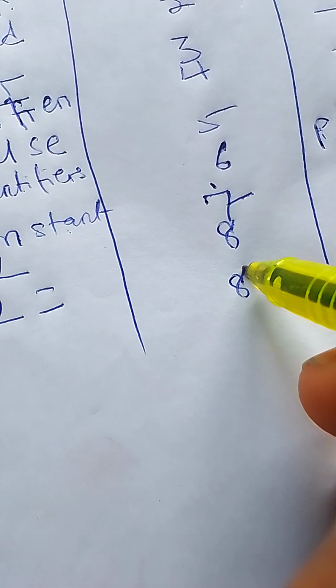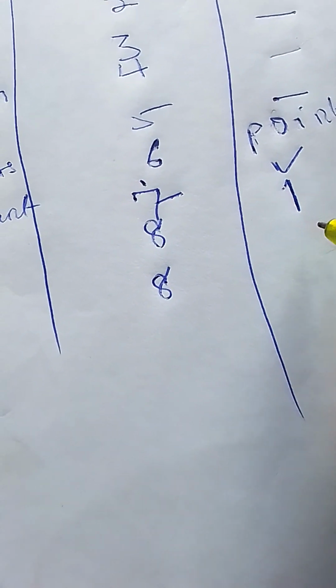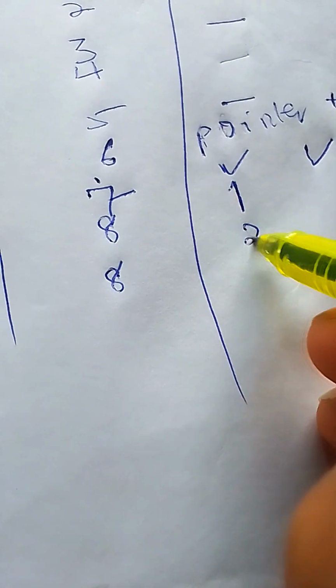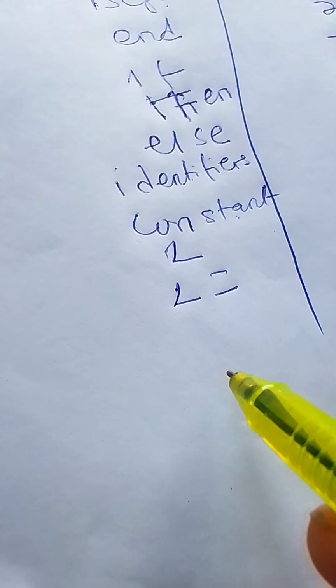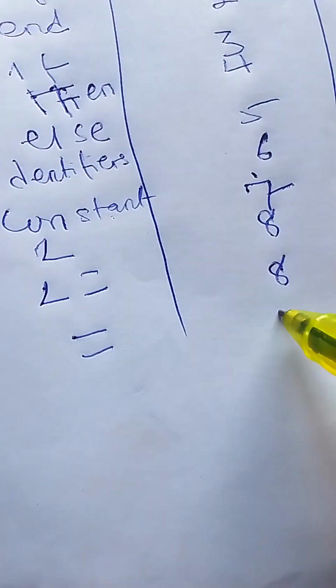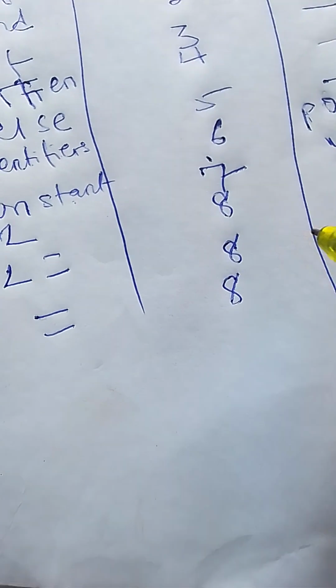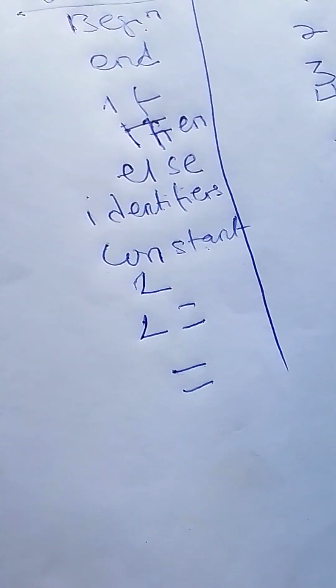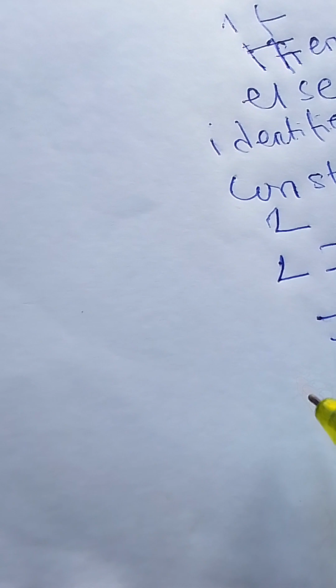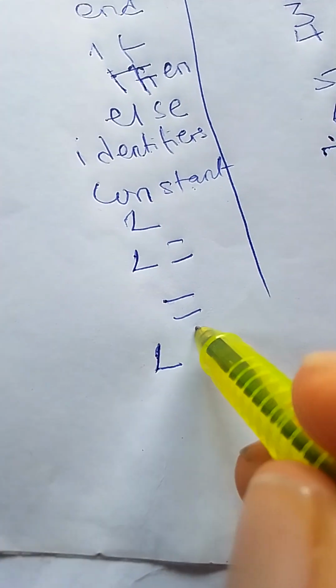The code is 8, the same as less than, and the value is 2. Then we have equal to. The code is 8 and the value is 3. Then we have not equal to.